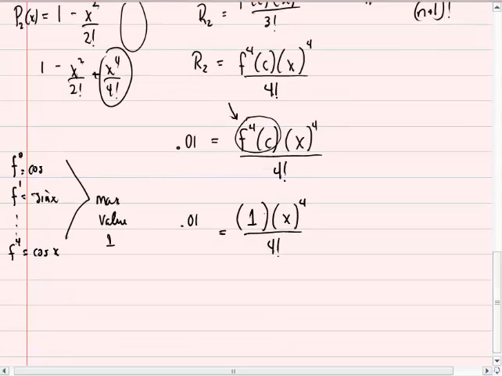So I have everything set up. Now I want to solve for my interval. I basically have x to the fourth over 4 factorial, which is 24, equals 0.01. So x to the fourth is equal to 0.24. Let me double check that.